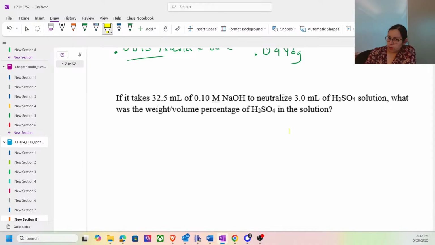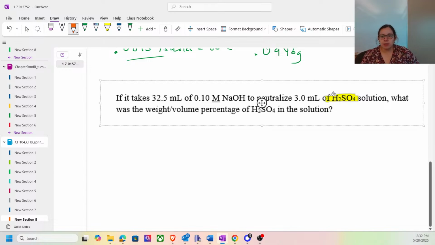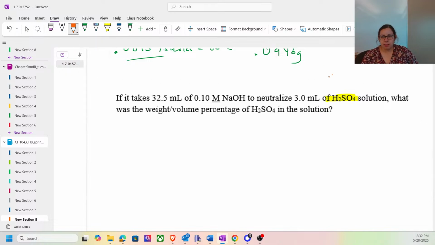And so then the post lab asks you to compare and repeat everything except we have sulfuric acid. One of the complications of the post lab is that this is a diprotic acid, so it's going to take 2 equivalents of sodium hydroxide.